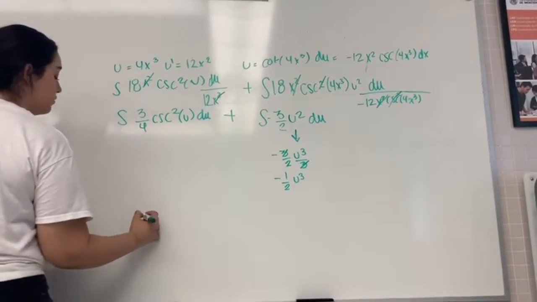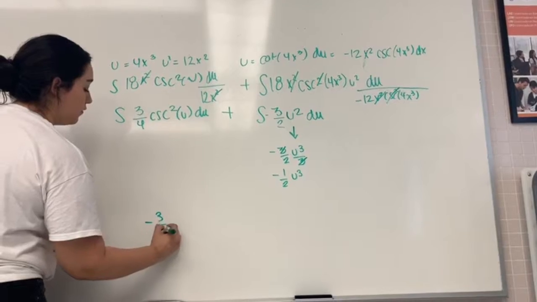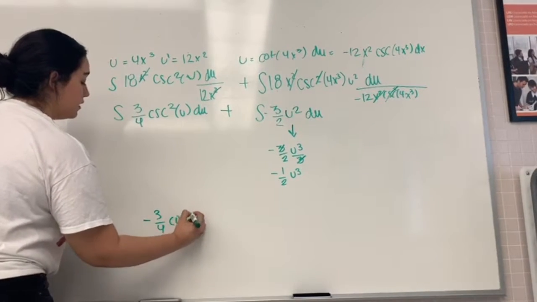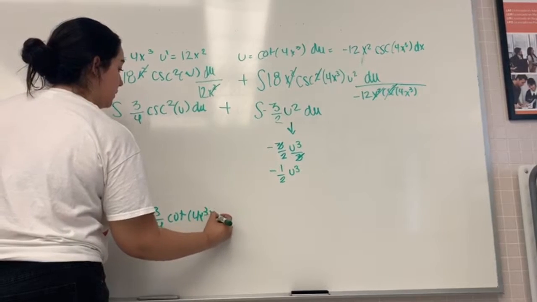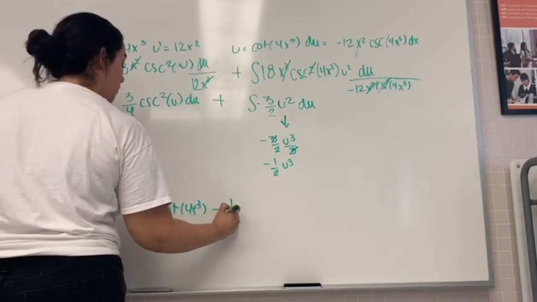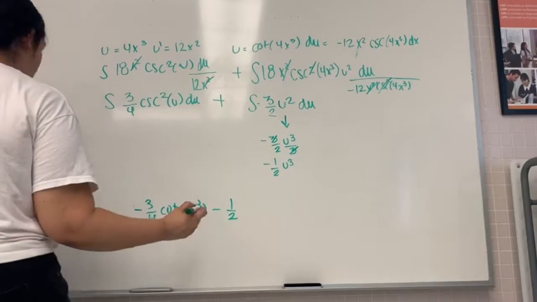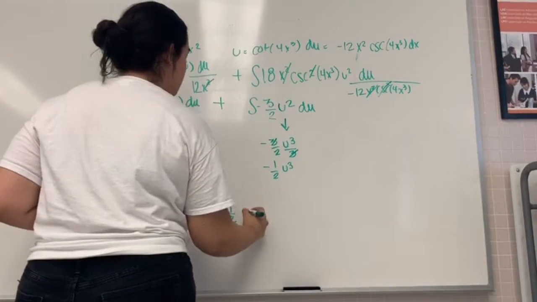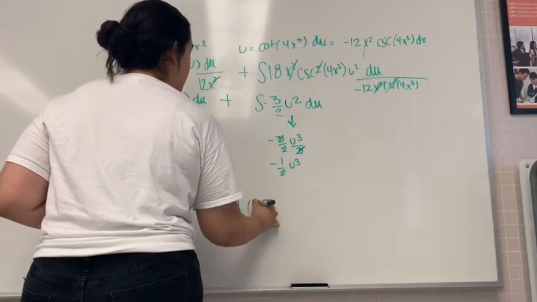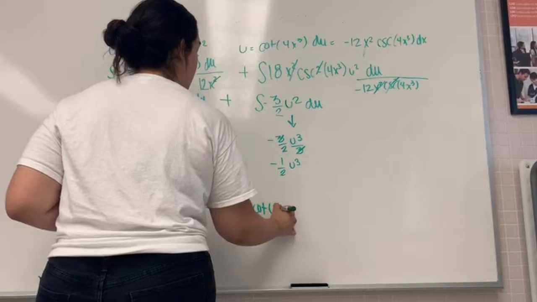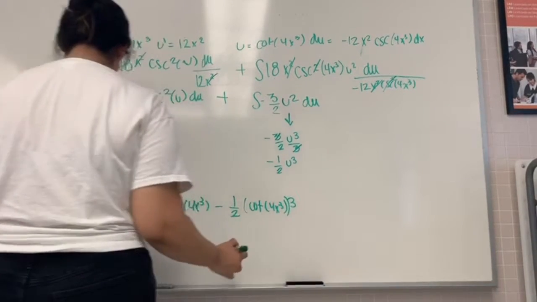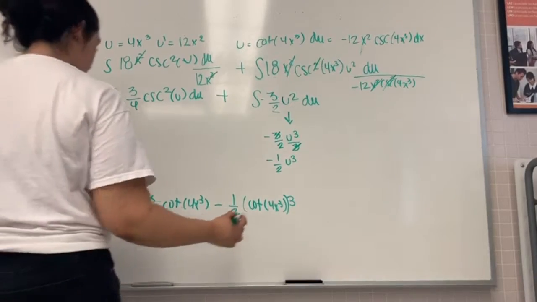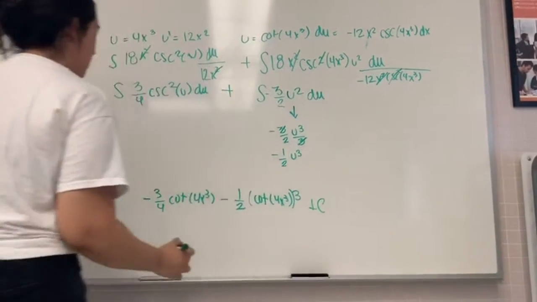Your final answer will be negative 3/2 cotangent of 4x cubed plus 1/2 of your u, which was cotangent of 4x cubed, all to the third power, plus c.